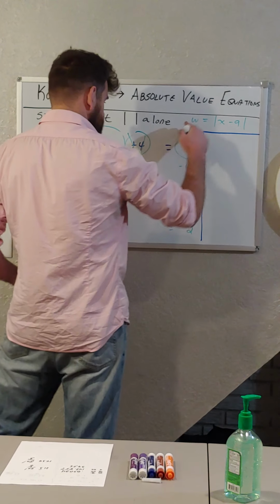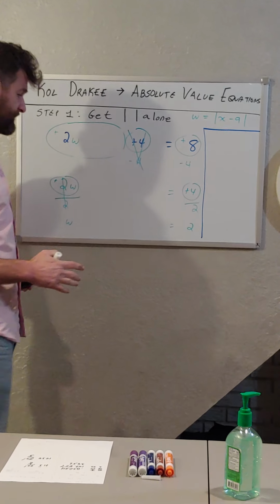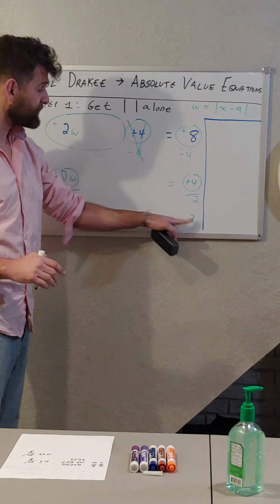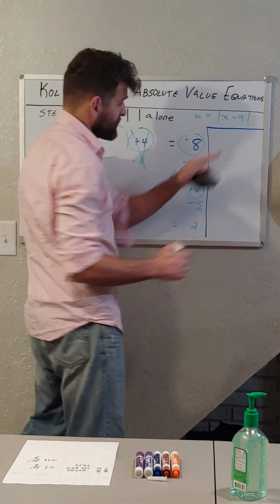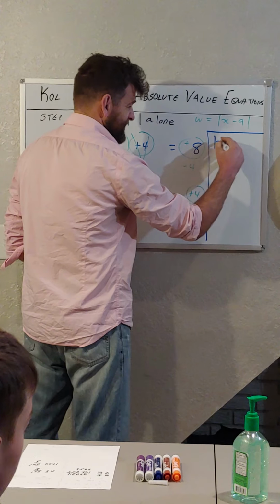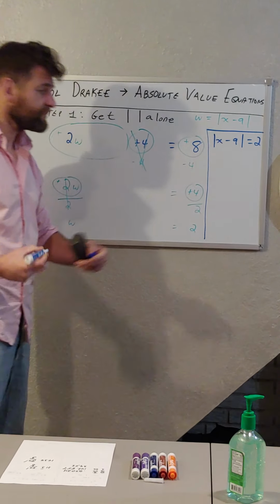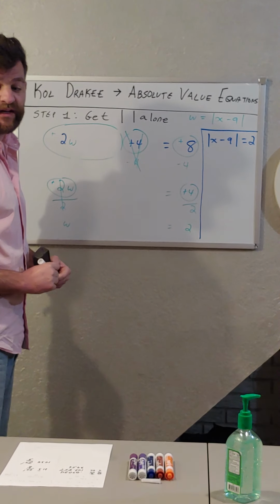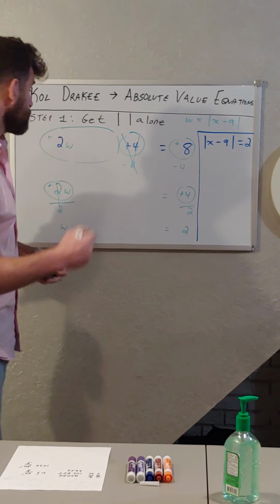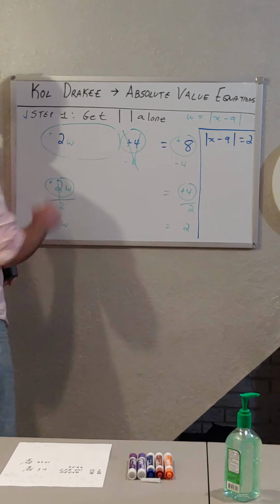I'll try to keep as much of this work up as possible so those who want to follow along can. W equals 2. So since W is really equal to this, I'm going to rewrite this as the absolute value of x minus 9 equals 2. Good on that? Okay, so step 1 is complete.